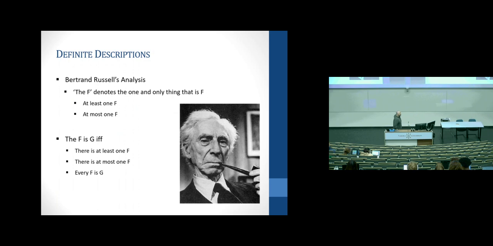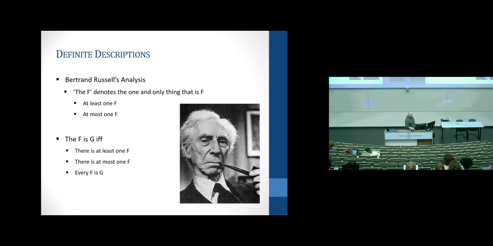And then if we wanted to say that the F is G, so say the Californian logician who works at Tilburg is teaching this class, we could say there's at least one thing that's a Californian logician who works here, there's at most one thing that's a Californian logician who works here, and that thing is teaching this class. So the F is G tells us there's at least one F, at most one F, and the thing that is F is G.